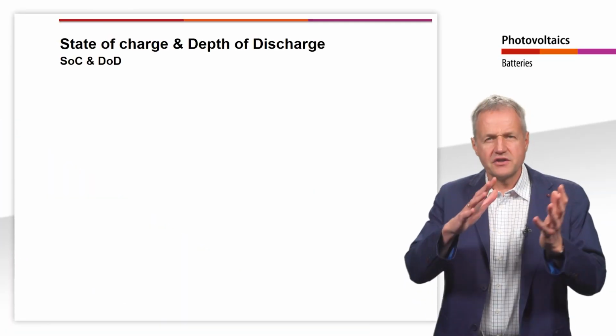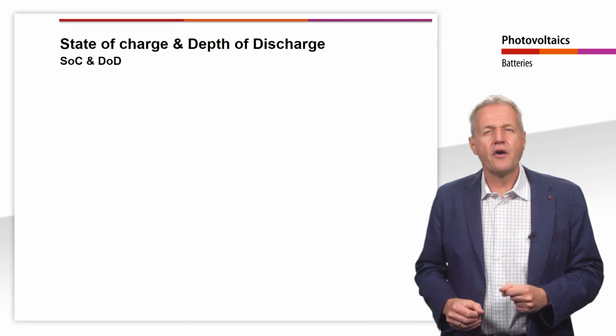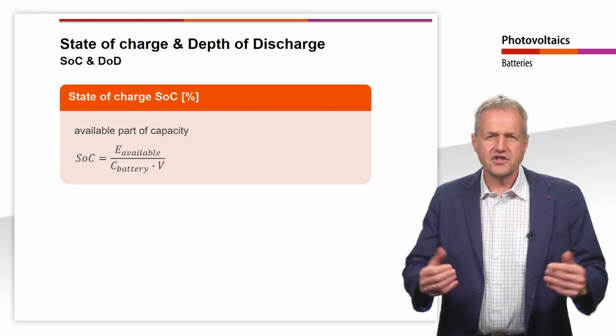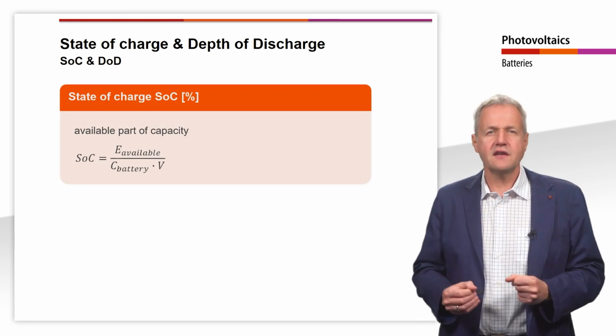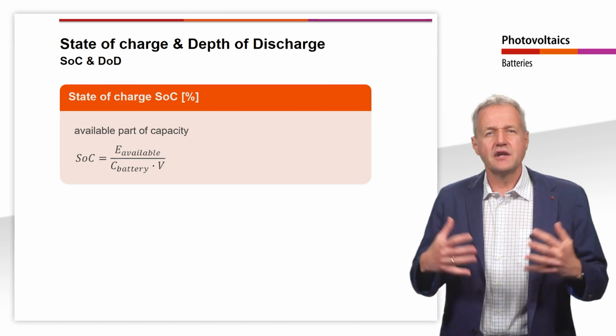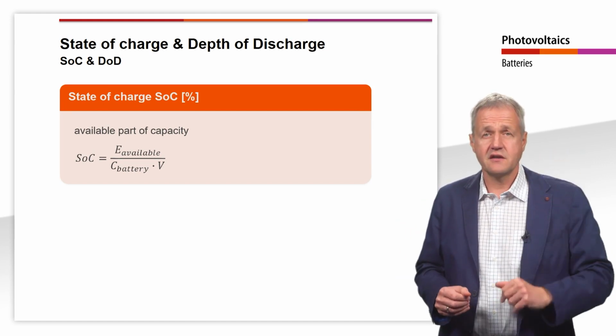If the battery is now discharged, the remaining amount of energy naturally decreases. The state of charge, or SOC, indicates the remaining amount of energy in relation to the energy capacity of the battery.